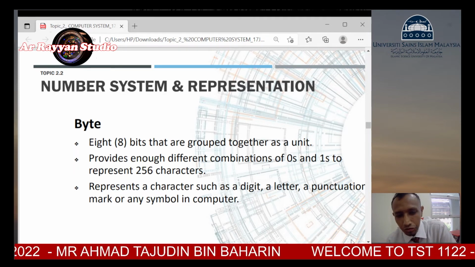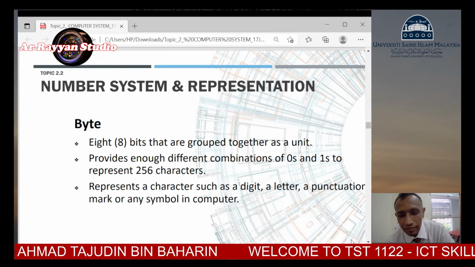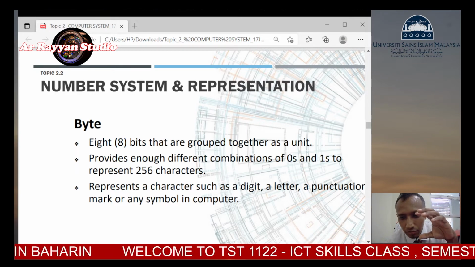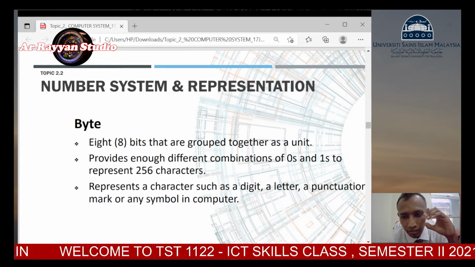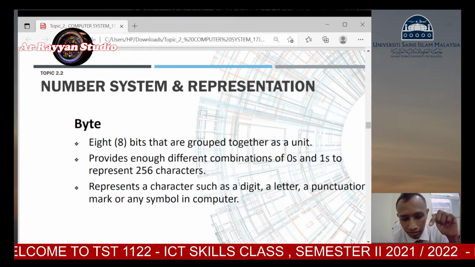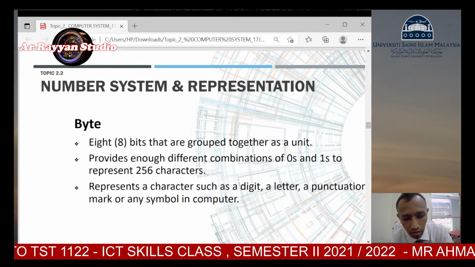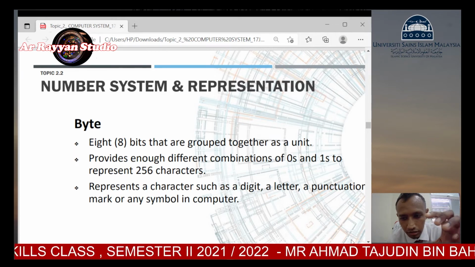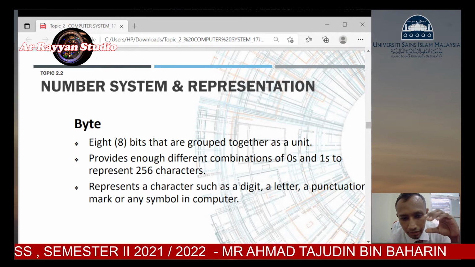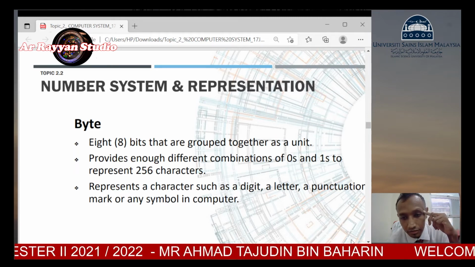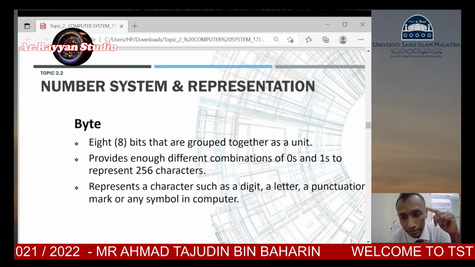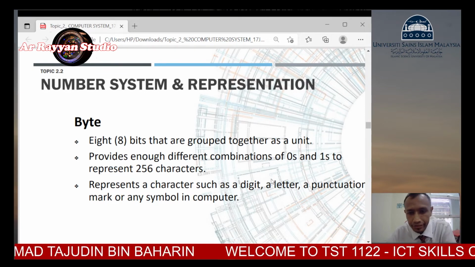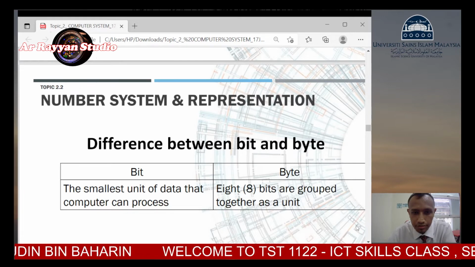Okay, betul. So 256 ni termasuk dengan huruf besar, huruf kecil. Huruf besar dengan huruf kecil tu ada nombor unik dia yang represent. So dia tak sama. Okay, termasuklah tanda seruan. Okay, and then number 1, 2, 3, 4, 5 tu semua ada bit yang represent dia. Okay, unique, yang tak sama dengan yang lain. Okay, alright. So next, we go next.